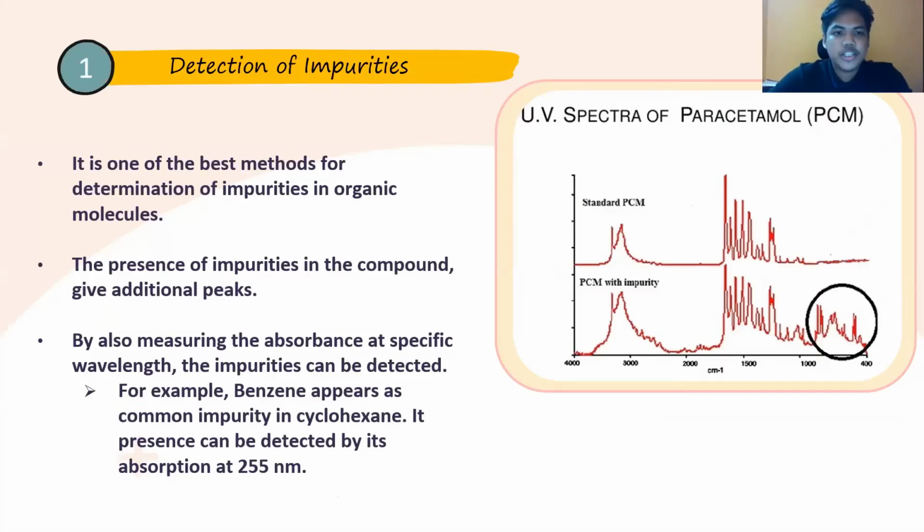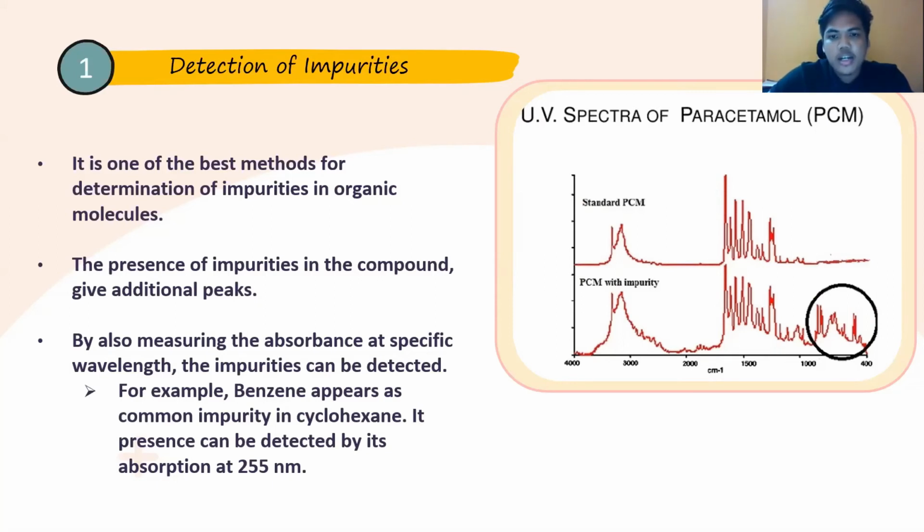First, detection of impurities. UV visible spectroscopy is the best method for determining impurity in organic compounds. The presence of impurity in the compound will give additional peaks. As you can see on the right side right now, UV spectra of paracetamol. There are 2 types of spectra.